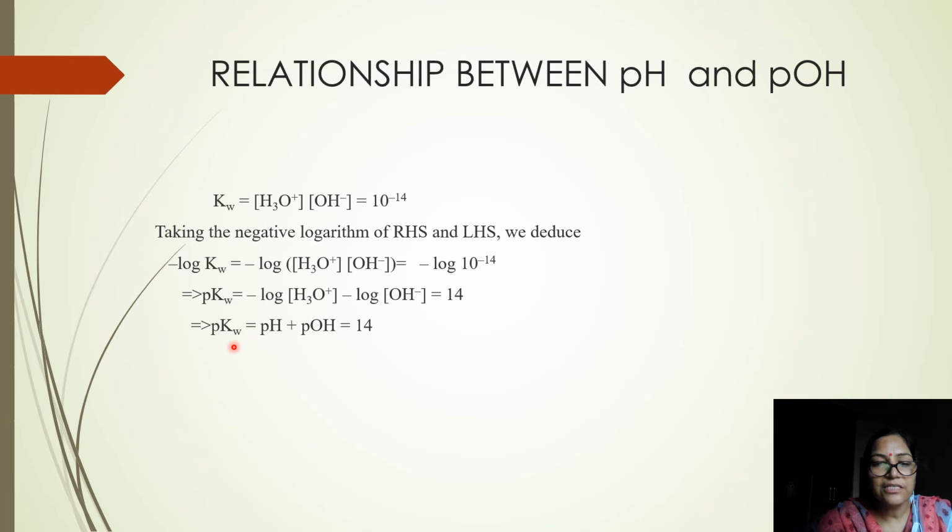So, in the last, pH plus pOH is equal to 14. It means if we know the pH of the solution, we can find the pOH of the solution and vice versa. This relationship holds good for dilute solutions.